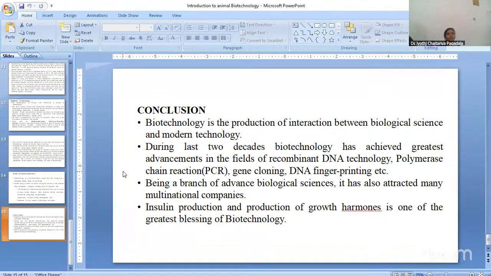biotechnological tools. There are a maximum number of benefits of biotechnology that have been utilized by the healthcare industry.